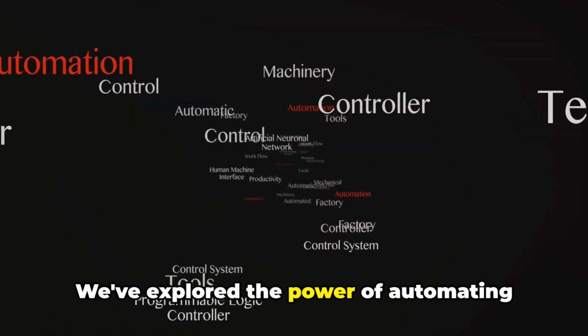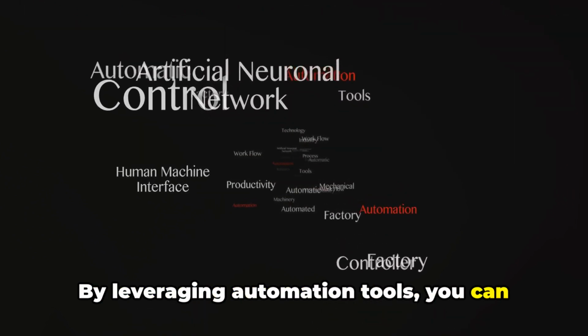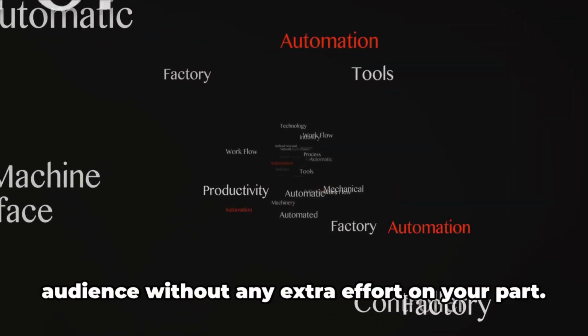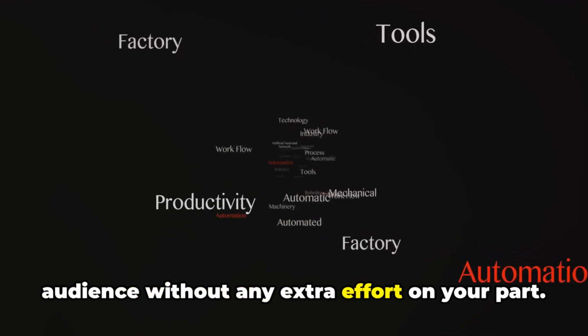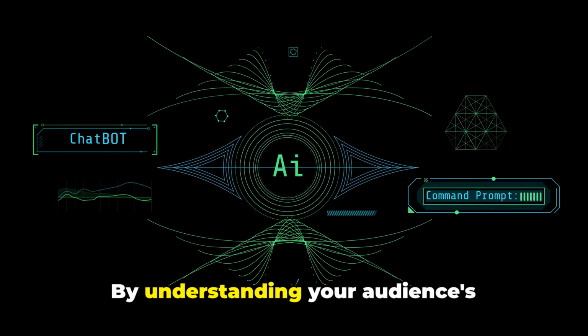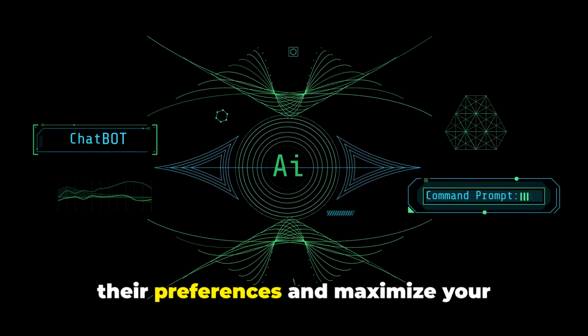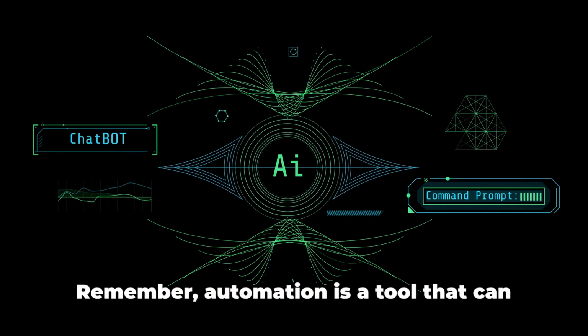We've explored the power of automating video promotion. By leveraging automation tools, you can ensure that your content reaches a wider audience without any extra effort on your part. Lastly, we've delved into the world of YouTube analytics. By understanding your audience's behavior, you can tailor your content to their preferences and maximize your channel's potential.